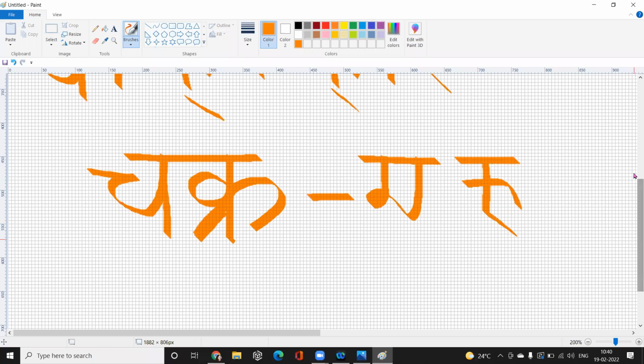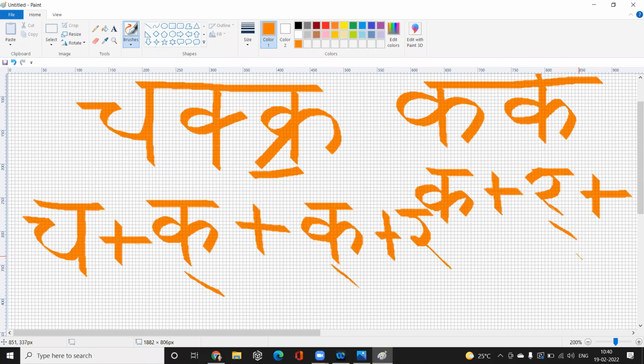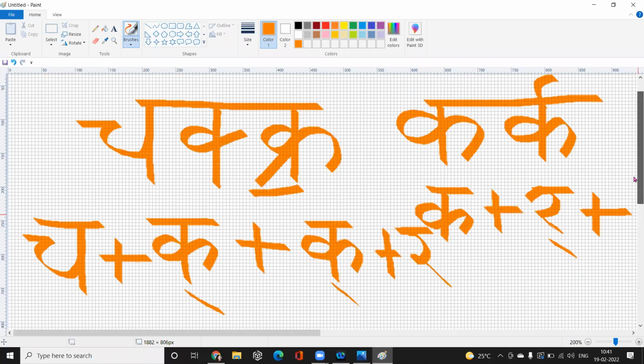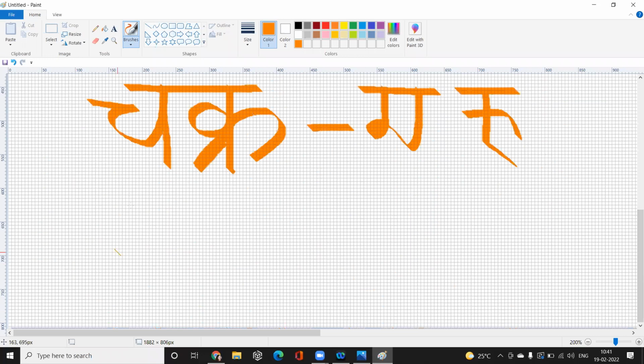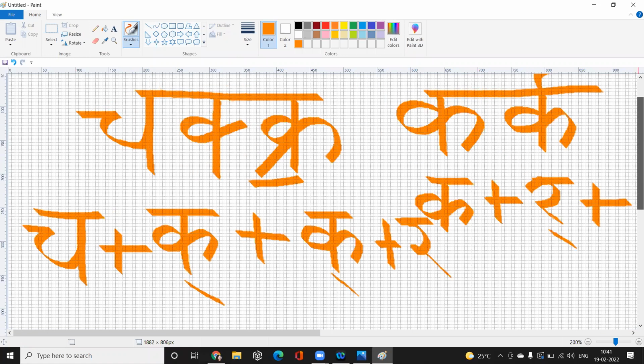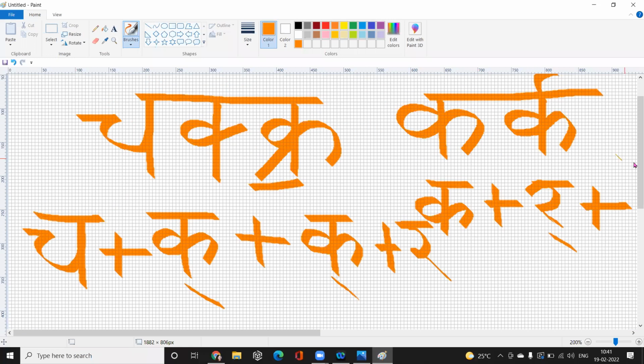What we had in kark was ra sound was incomplete and ka was complete. And as I mentioned earlier, in Shaada Lipi, how we pronounce the word, we write it in the same way. Because we pronounce ra first in kark, ra would be written before ka, and then ka would follow it.